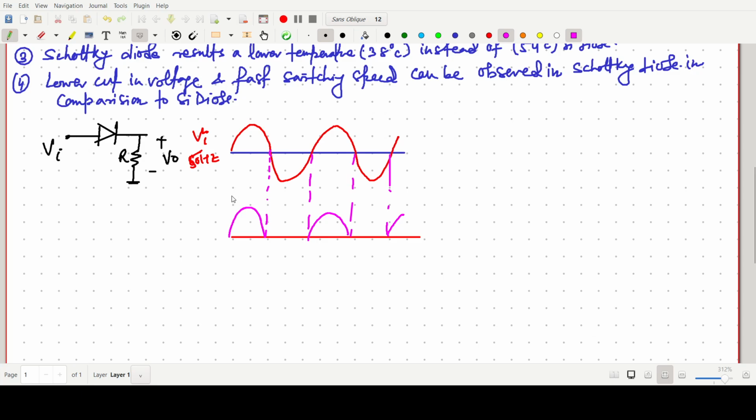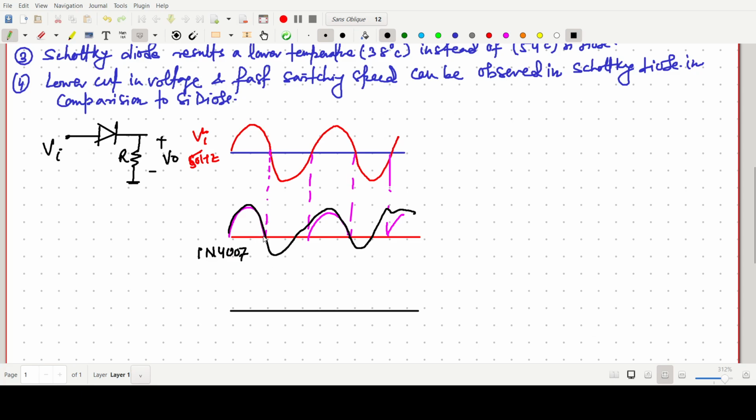But in actual practice, it will come and it will go, for example for the 1N4007.